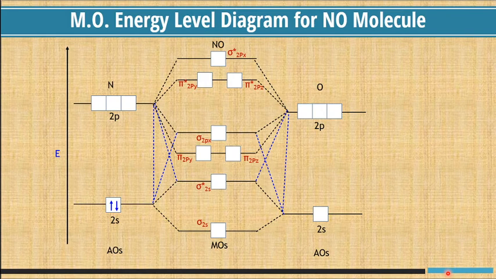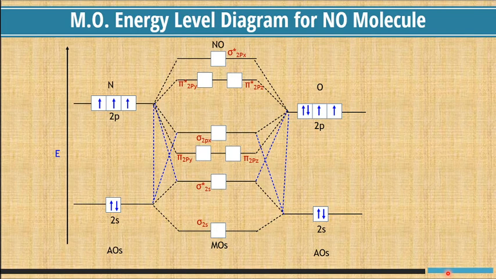There are 2 electrons in the 2s orbital of nitrogen and 3 electrons in the p orbitals of nitrogen. There are 2 electrons in the 2s orbital of oxygen and 4 electrons in the 2p orbitals of oxygen.